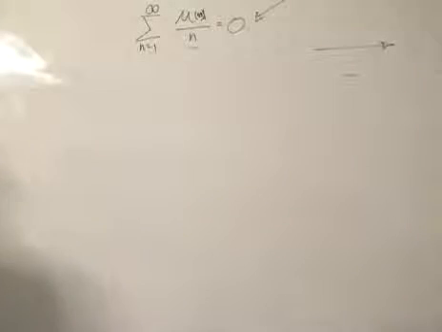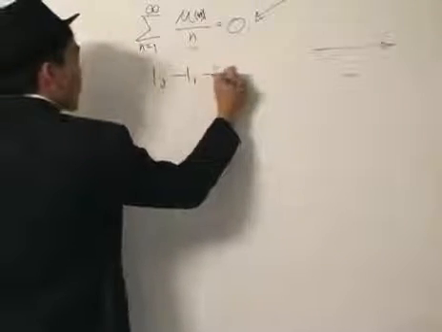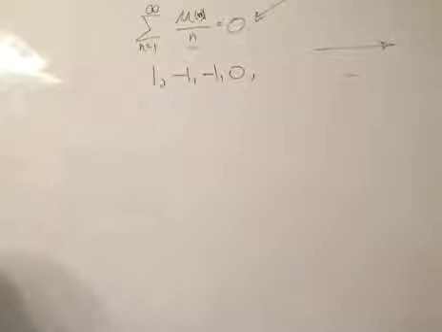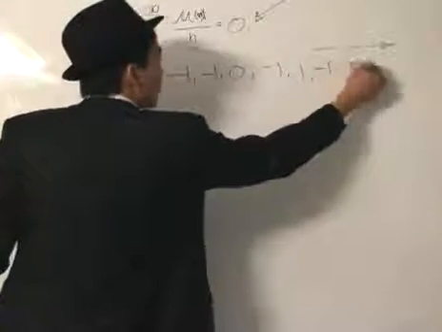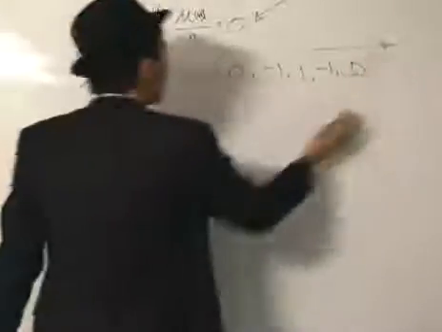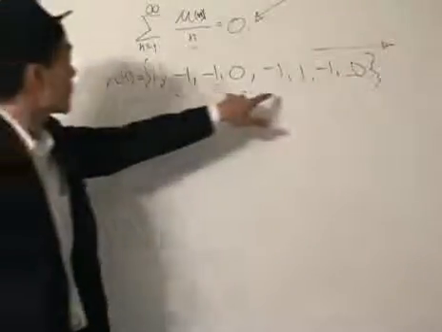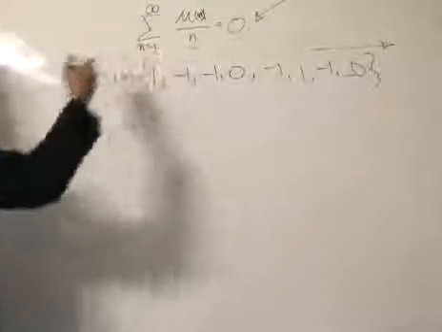If I could just recall the Möbius function: 1, -1, -1, 0, and then I think it's -1, 1, -1, 0. This is the Möbius function of n. So this is saying that we are taking these numbers over here, but dividing them by the integers that we applied the function to.